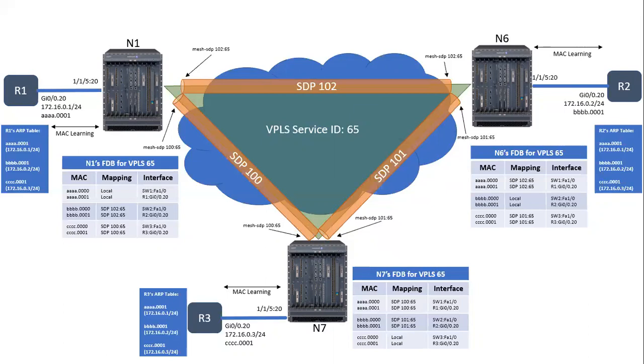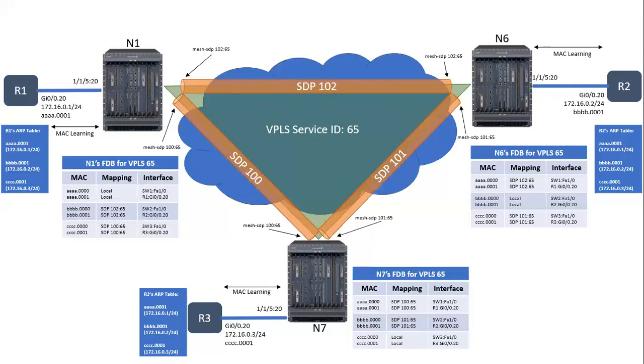So let's look at SDP 102 that runs between N1 and N6. N1 has learned that in order to get to the devices whose MAC addresses begin with B, it's going to have to use this particular service distribution point. So it learned these MAC addresses through this SDP.